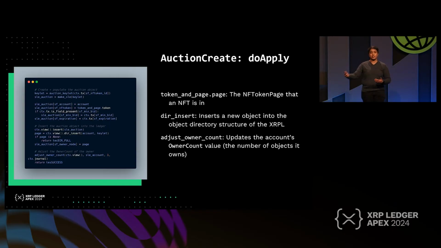So we need to insert it into the ledger as an object, and then insert it into the account's set of objects, which is called the account's owner directory. And then we need to add one to the account's owner count, which is keeping track of how many objects that account owns. If any of that fails, then we throw an error along the way.